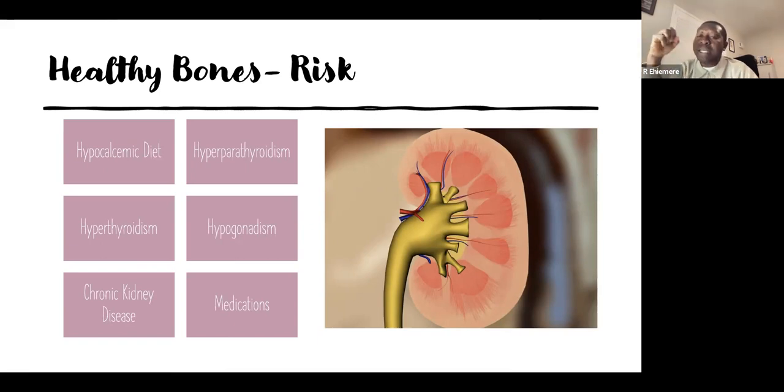So in chronic kidney disease, a lot of times they lose the enzyme responsible for the activation of vitamin D. And that individual becomes deficient. So most nephrologists, at certain points of renal impairment, will give individuals not just vitamin D replacement, but will also give them a medication to suppress the parathyroid hormone.